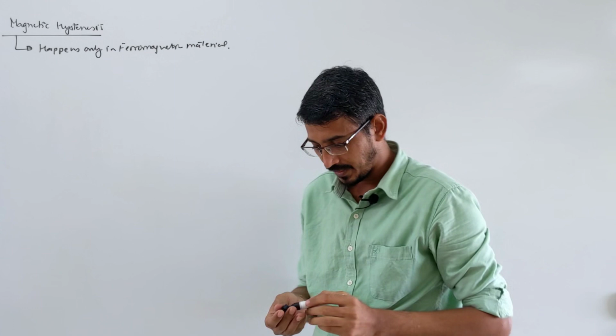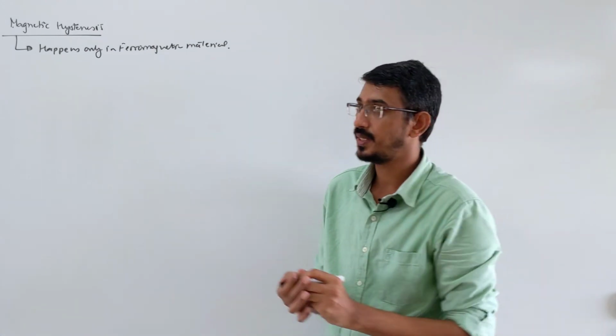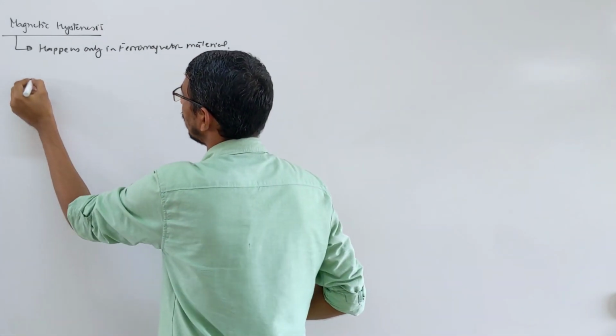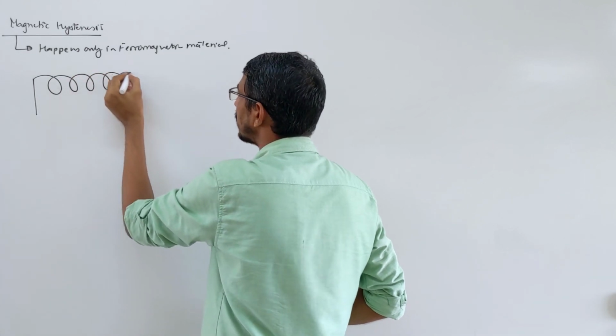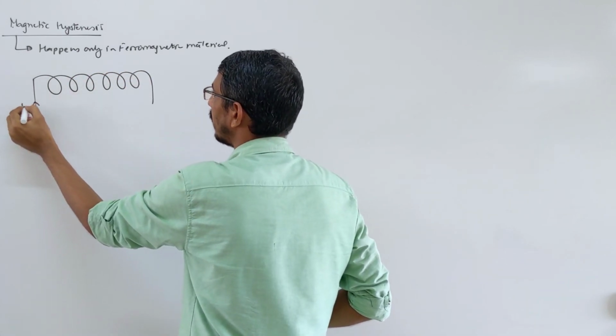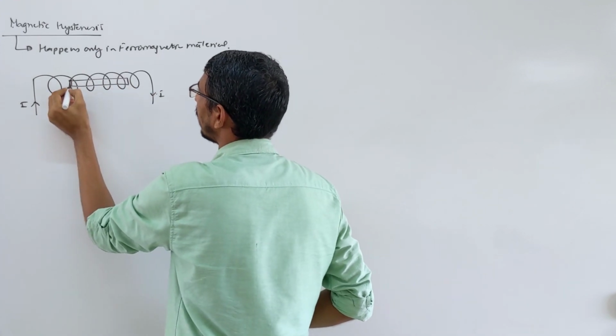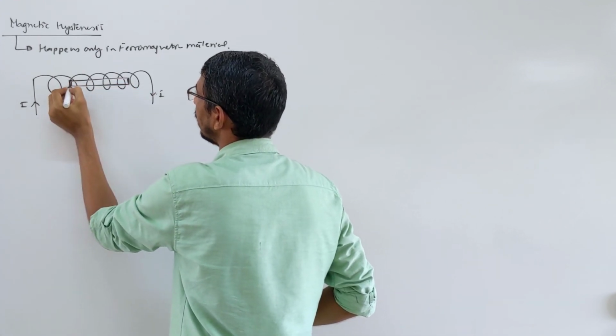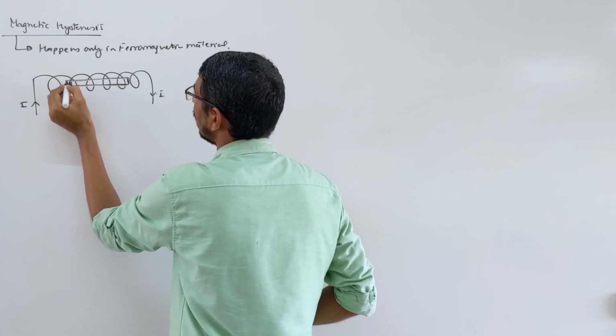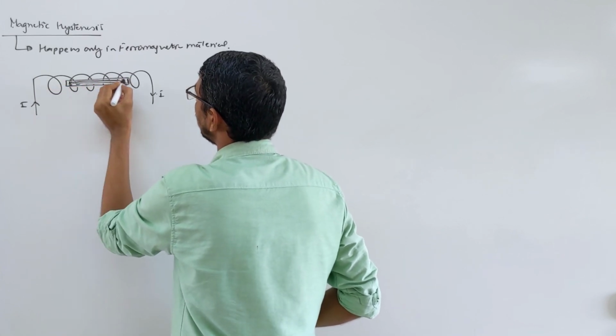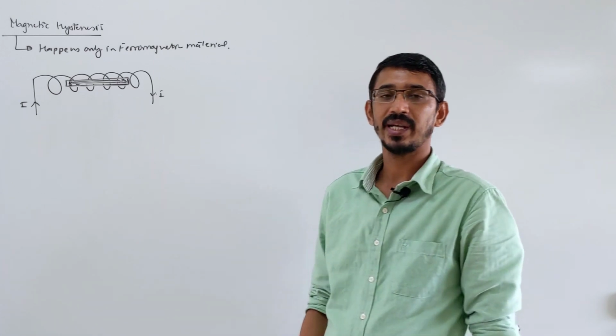So what happens in this now? I said that you are magnetized. Suppose this is your solenoid, which is producing some magnetic field by passing current I here. You have placed some ferromagnetic material inside this to magnetize it. We pass current, so it gets magnetized in one direction.